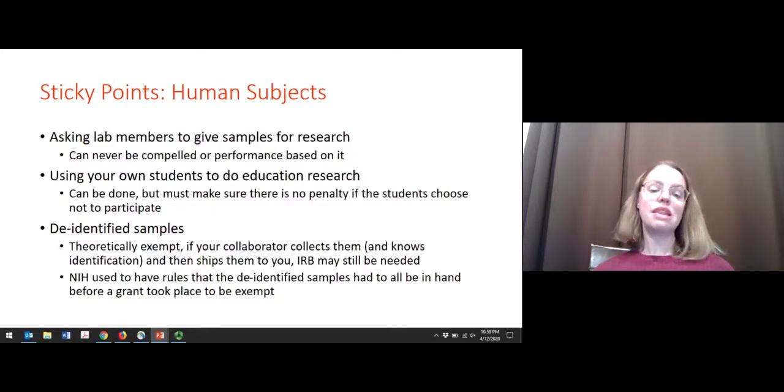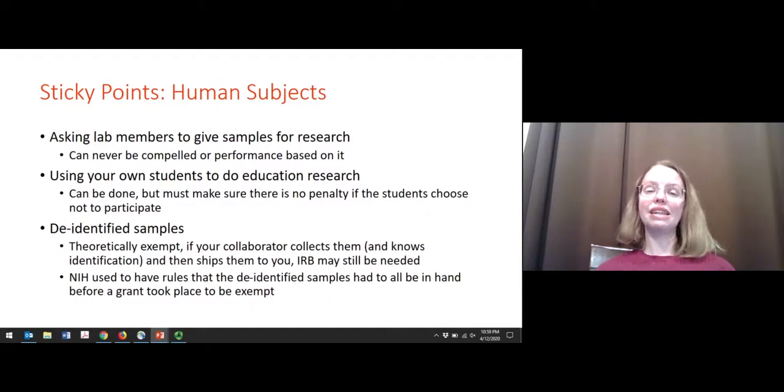Okay, and then the last one is the thing that I talked about with de-identified samples, that theoretically you're exempt if they already exist, but if your collaborator collects them, and you're again in the same project, the IRB is probably still needed. They used to have a rule, and I'm not sure if it's exactly the same, but when I was on study section, if you wanted to be exempt for de-identified samples, the samples actually had to already exist before the grant started.